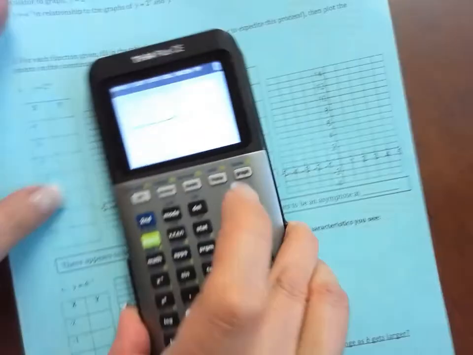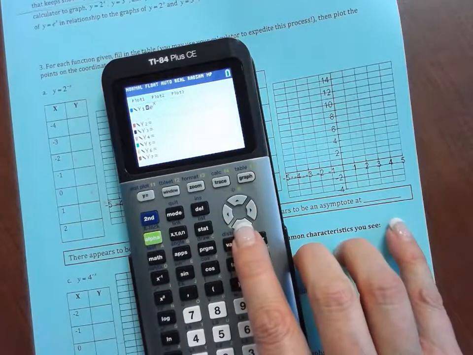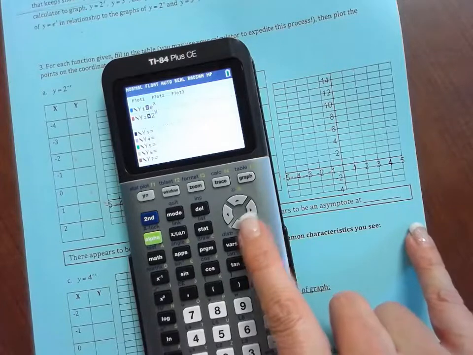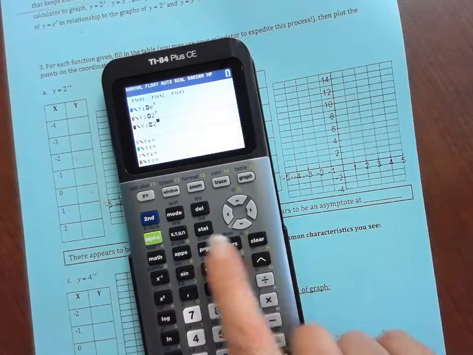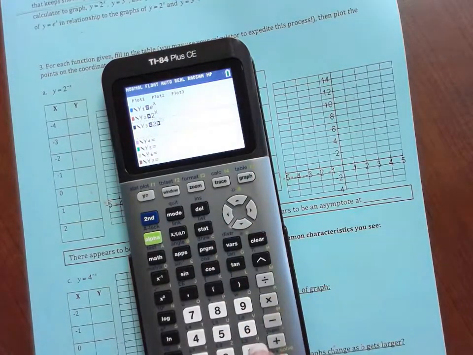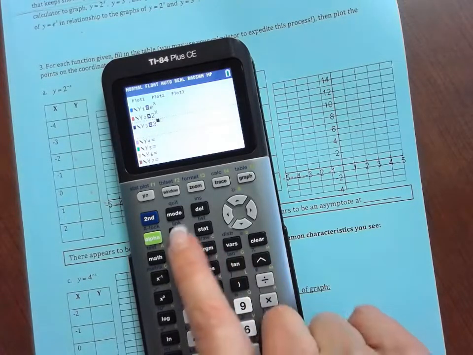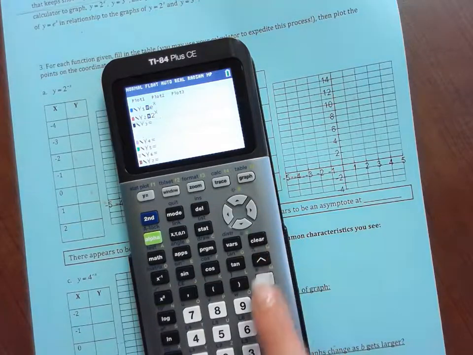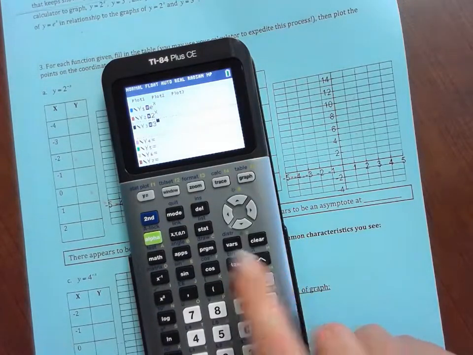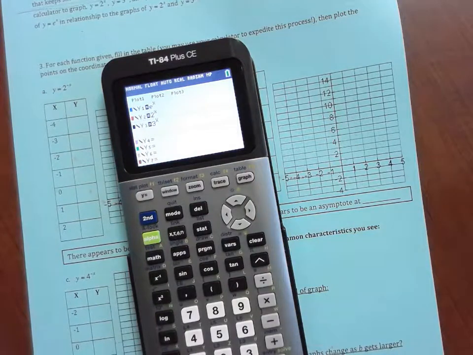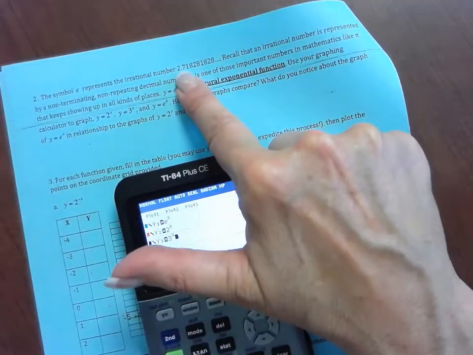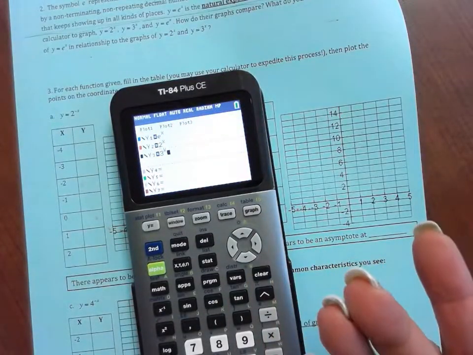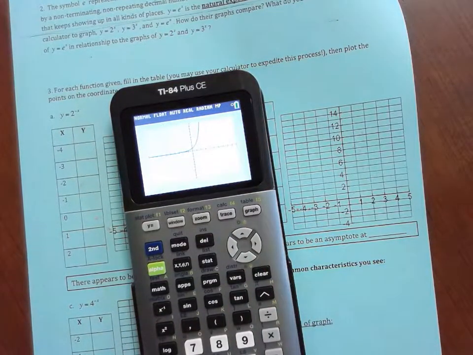Actually, let's go ahead and put, all right, there's our e to the x, and then we're going to have 2 to the x, and then we're going to have 3 to the x. It helps if I put in the right base, there we go, okay? If E is 2.71, I'm going to expect it to fall in between the 2 and 3. Wouldn't that make sense? All right, let's take a look at it.